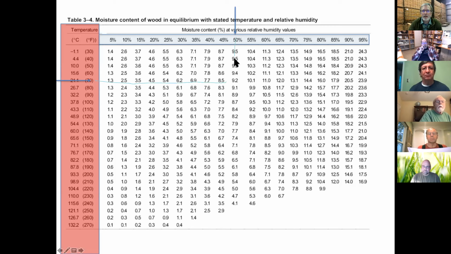And I could come down here and get to this number, 9.2 rather. There's a decimal in there, it's a little hard to see. So the EMC in my office at these conditions, if it would stay there long enough, would be 9.2%. Okay, and I can look that up for any of the conditions that are on this chart. It's a really handy chart to have.